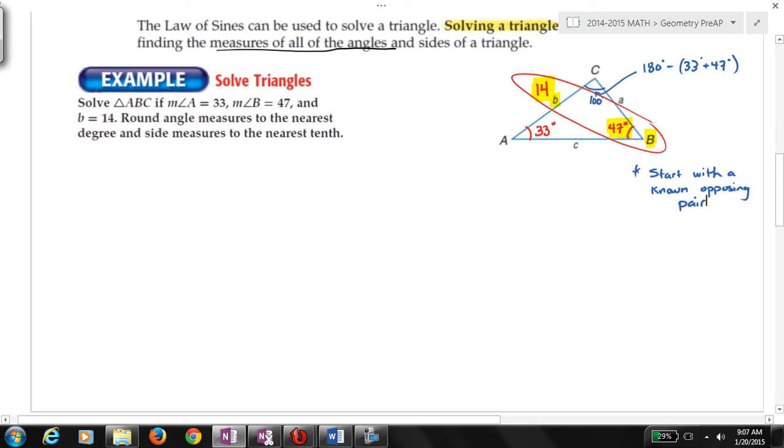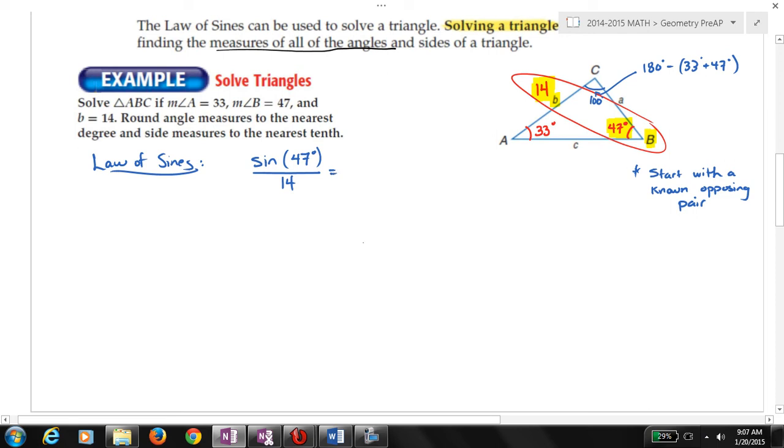Remember, law of sines states sine of the angle, so I'm going to indicate sine of the angle, which is 47 degrees, over its opposing side measure, which is 14, should be equivalent to.